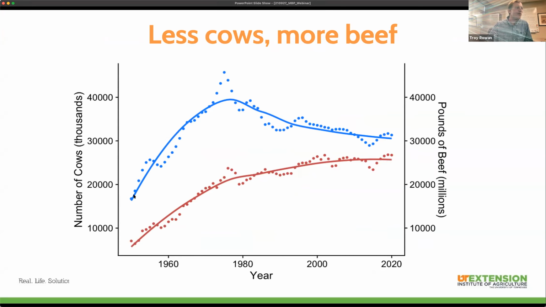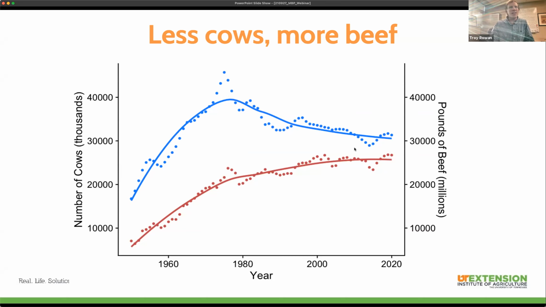So this is the number of cows each year from about 1950 all the way up to present day. And in red is the millions of pounds of beef, right? And what you'll see is that while we're slightly increasing the amount of beef that we're making, the national cow herd peaked back in about 1975 or so, and has been on a steady decline since then, right?